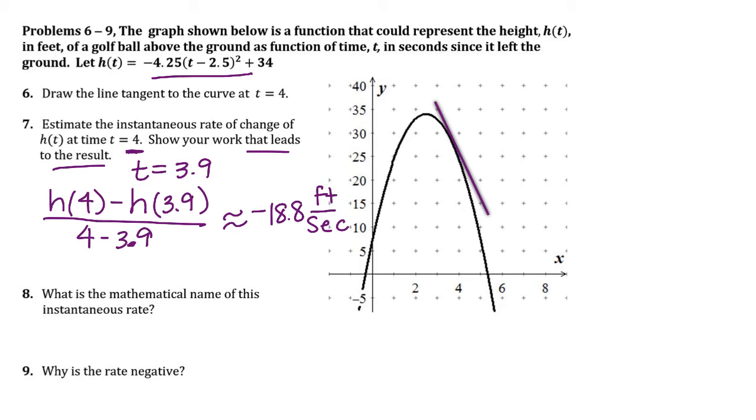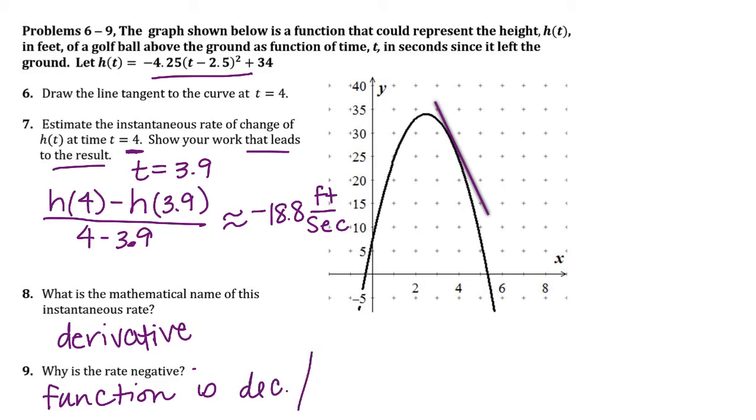Okay, so in number 8, what is the mathematical name of this instantaneous rate of change? That mathematical name is a derivative. And why is that rate negative? Well, the rate here is going to be negative because our function, or we can think about it as the golf ball, is decreasing.